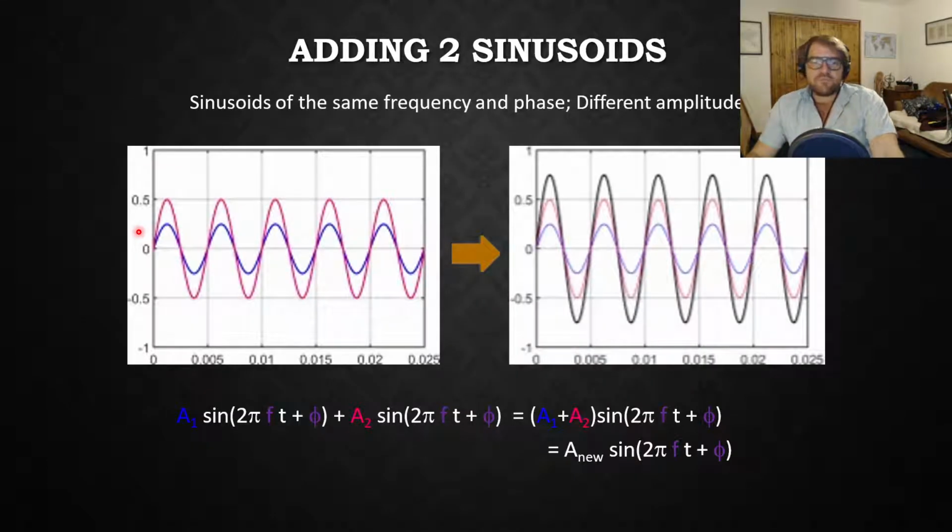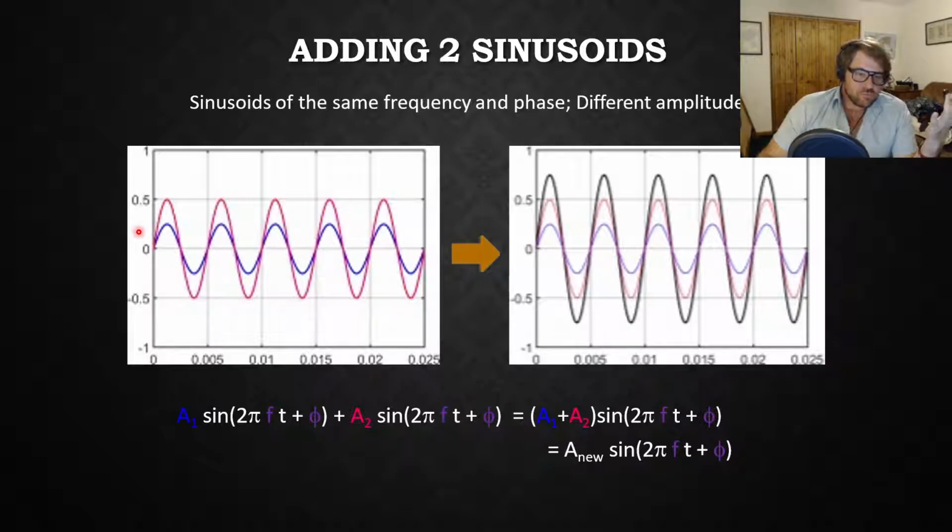All right. So let's talk about adding 2 sine waves that have the same frequency and phase but different amplitudes. So same frequency and phase, these are both, I don't know, 100 hertz tones is what it looks like to me, because the period, no, they're not 100 hertz tones.